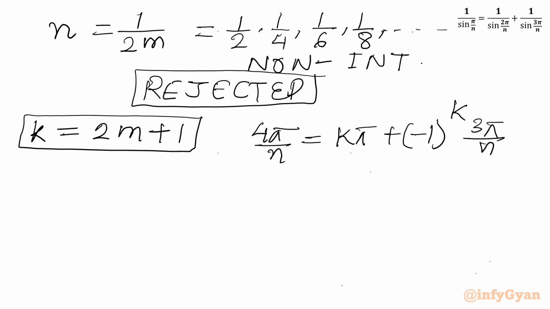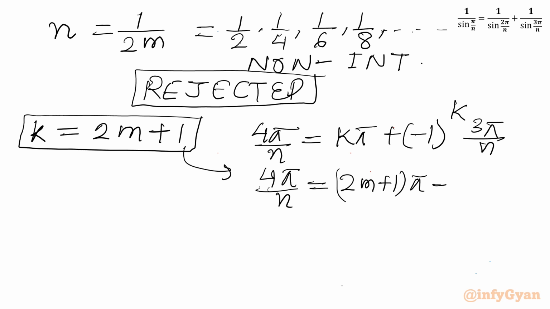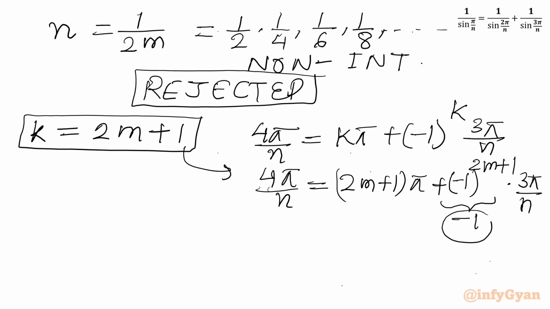So we can write 4 pi over n equal to 2m plus 1 times pi plus minus 1 raised to the power 2m plus 1 times 3 pi over n. Now minus 1 raised to the power odd will always be negative 1.